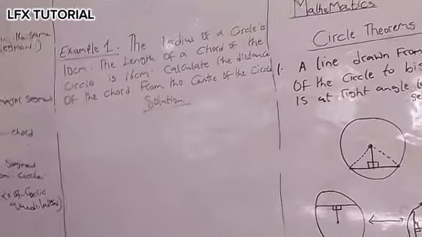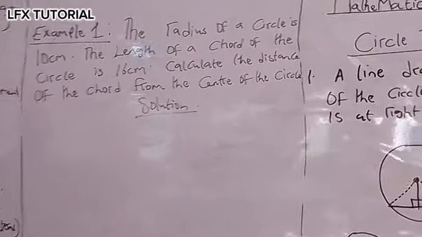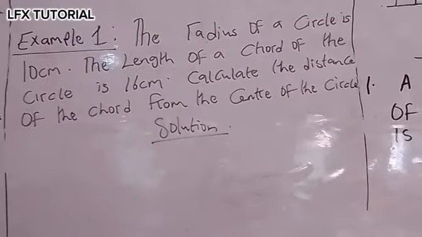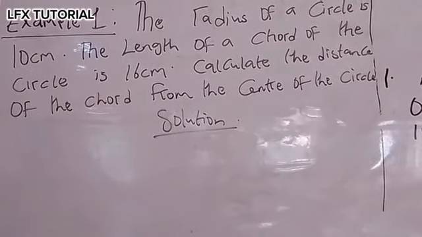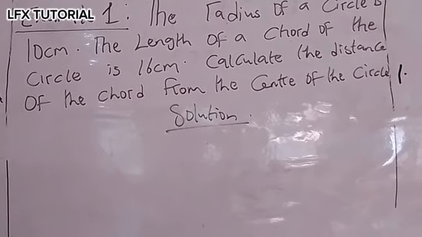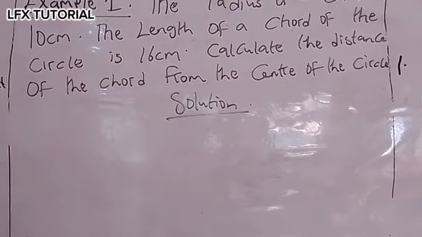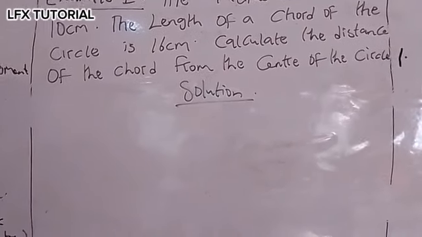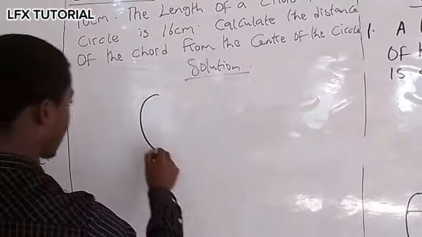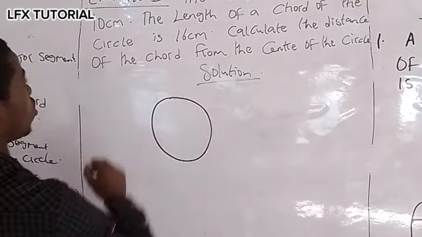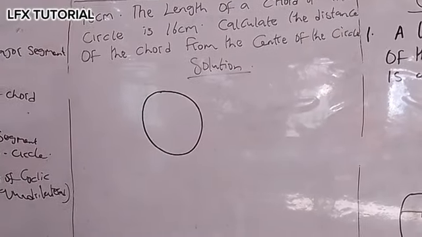The radius of a circle is 10 centimeters. The length of a chord of the circle is 60 centimeters. Calculate the distance of the chord from the center of the circle. So the first thing that we have is a circle. And then they are saying the radius of the circle.